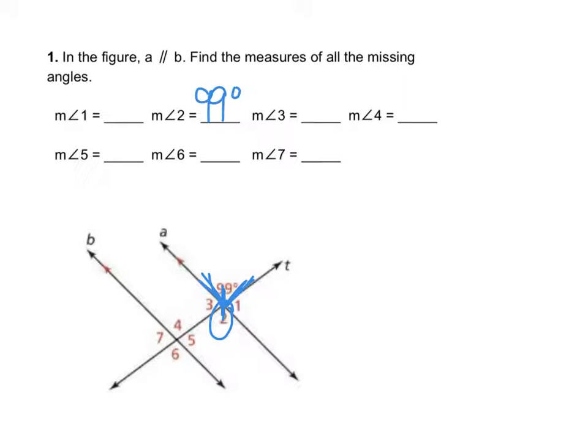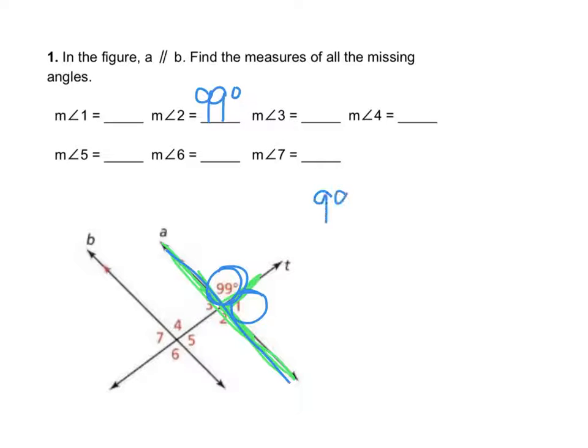The next relationship I'm going to look at is angle 1. Angle 1 is next to the 99-degree angle, and both of those lie on a straight line, line A. Because they both lie on a straight line, the sum of 99 plus angle 1 has to equal 180 degrees.